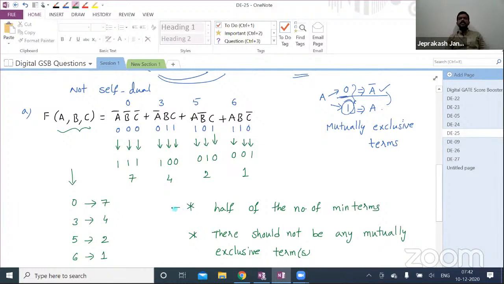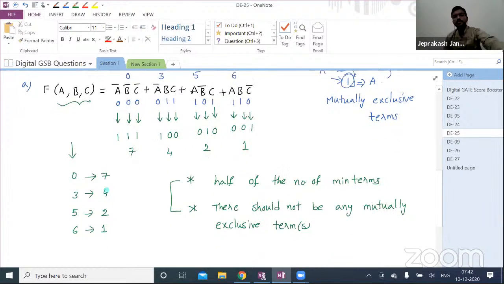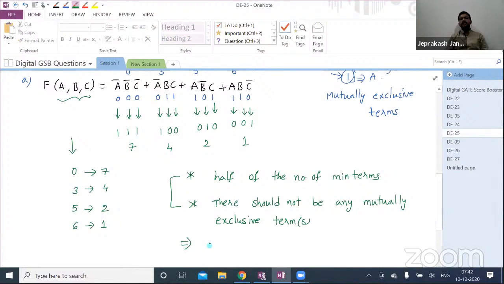If these two conditions are satisfied, then we can say the given function is self-dual. If these two conditions are not satisfied, then it is not self-dual.